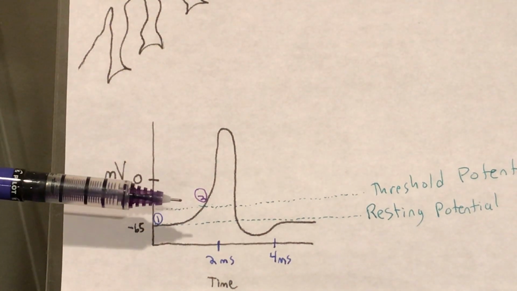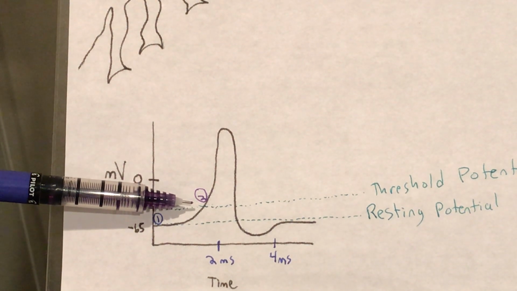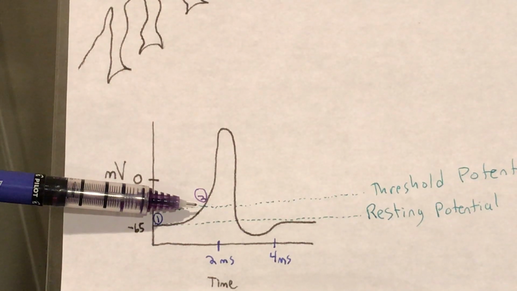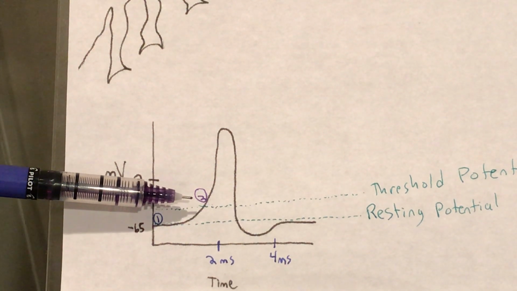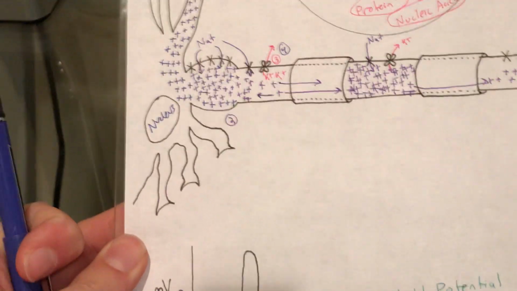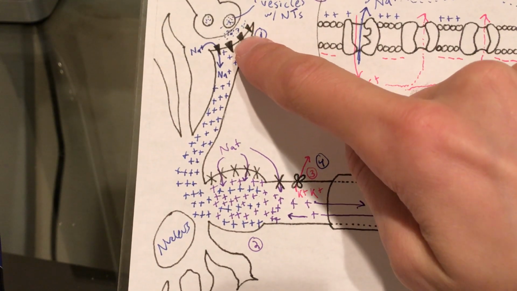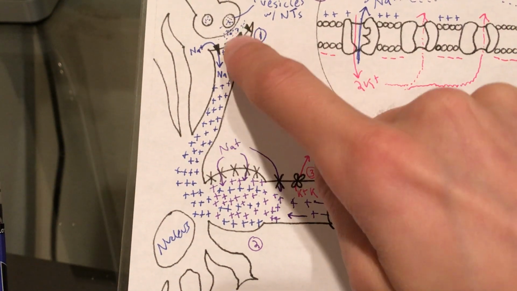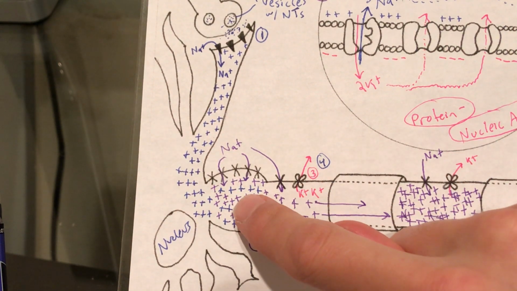So what's cool is that step 2 only happens if you reach what's called threshold potential. That is the voltage that is required to actually activate those voltage-gated sodium channels. What happens if you don't reach threshold potential? So, for example, visually here, what happens if not enough neurotransmitter was released and not enough of these ligand-gated channels opened, and so it was trickling just a little tiny bit of sodium, and that sodium migrated and entered the spot?